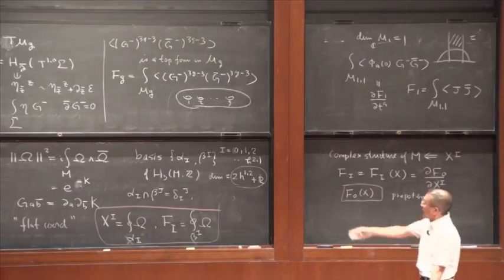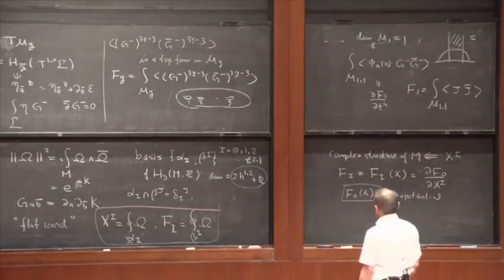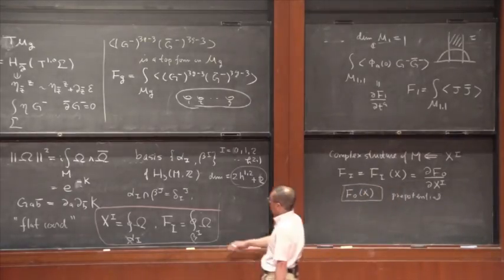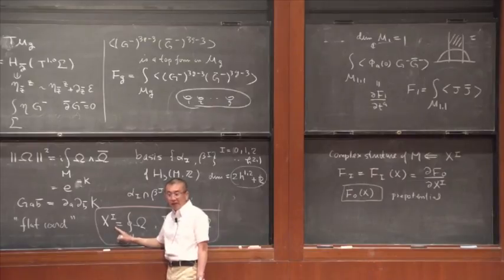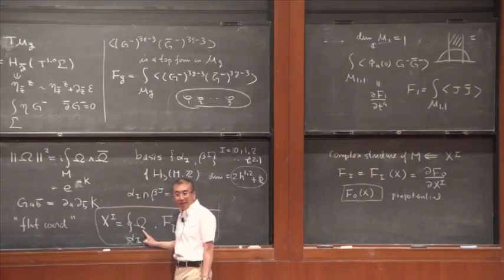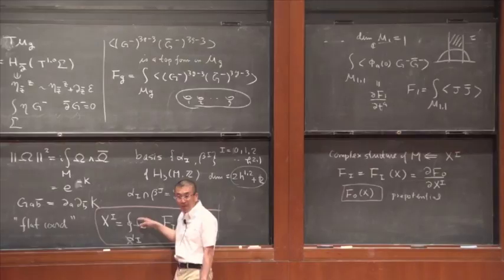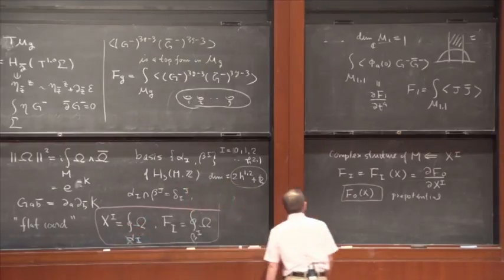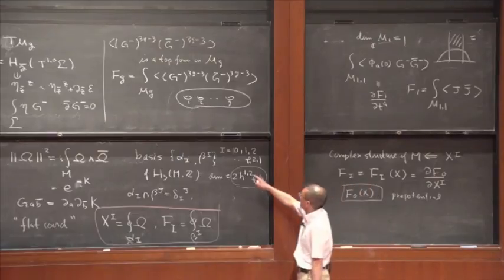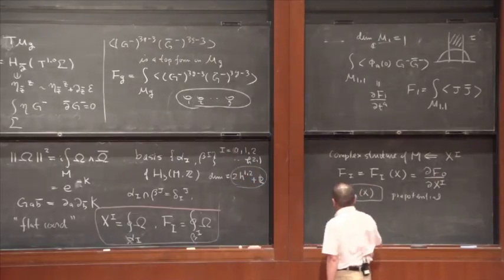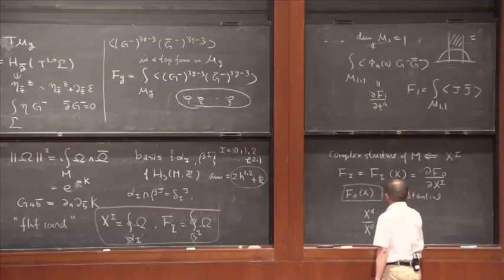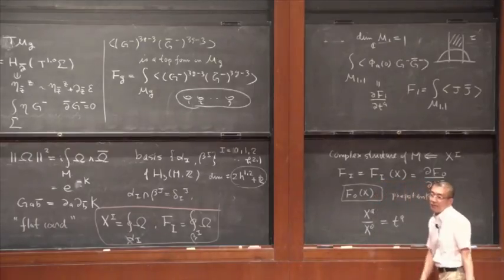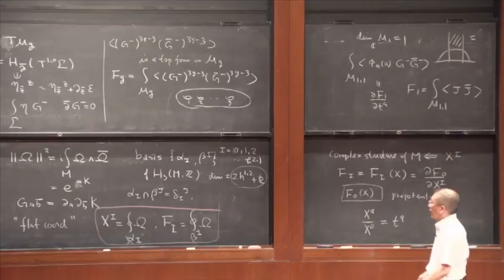Okay? So the flat coordinates that I was referring to are basically the ratio of x. As I said, x determines the complex structure, but there is a redundancy in the description because you can rescale omega and you get the same complex structure. So you can take the ratio: you pick some particular direction you like to be x naught, take the ratio with that, and call it TA.